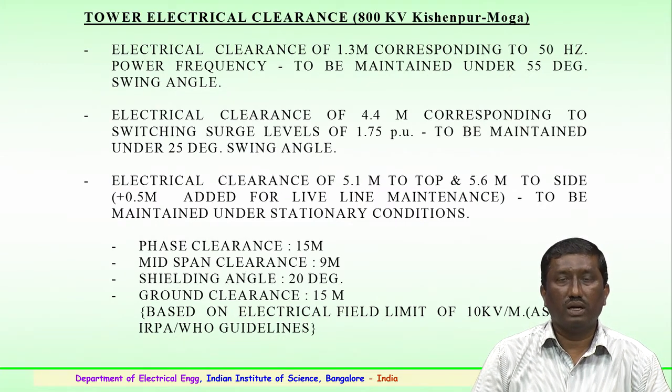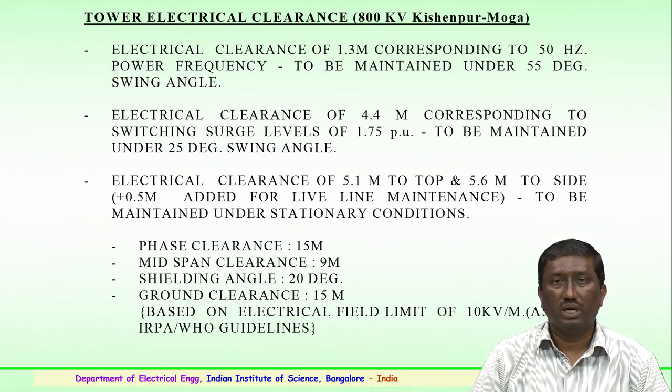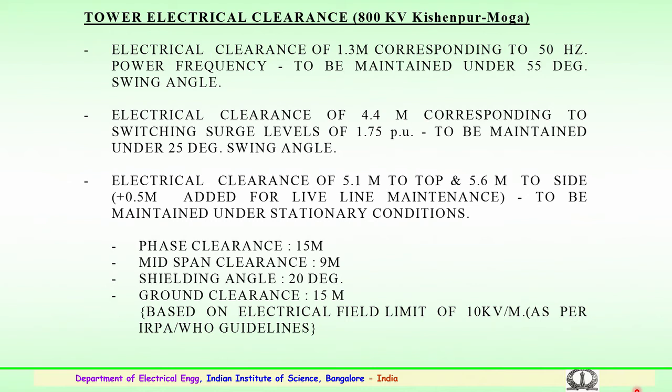So, what are the minimum electrical clearances which were adopted for the 800 kV towers? Very clearly it is given here. The electrical clearance of 1.3 meters corresponds to the power frequency, that is 50 hertz, which has to be maintained under 55 degree swing angle, which we saw.